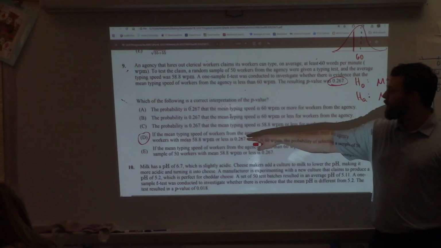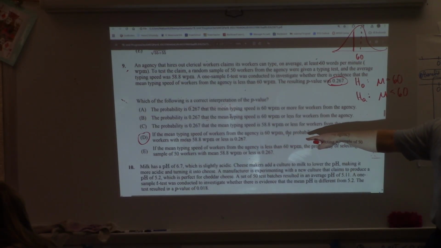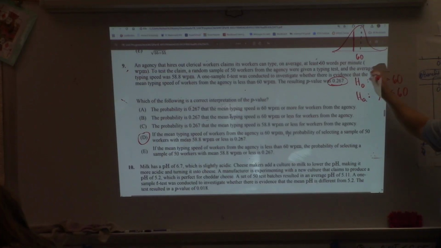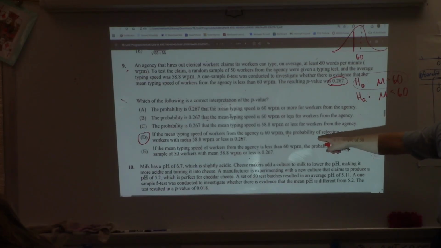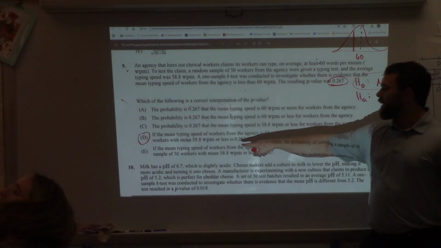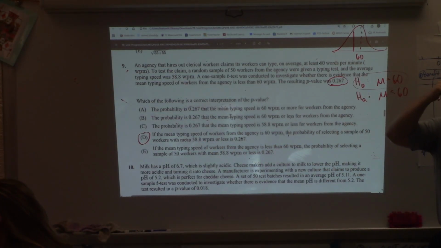If the mean typing speed is 60 words per minute, that's what we're assuming. If that's true, what's the probability of a sample of 50 workers having that mean or less? That or more extreme, which is important, but that's not what we're assuming. We're assuming that the true mean was 60.